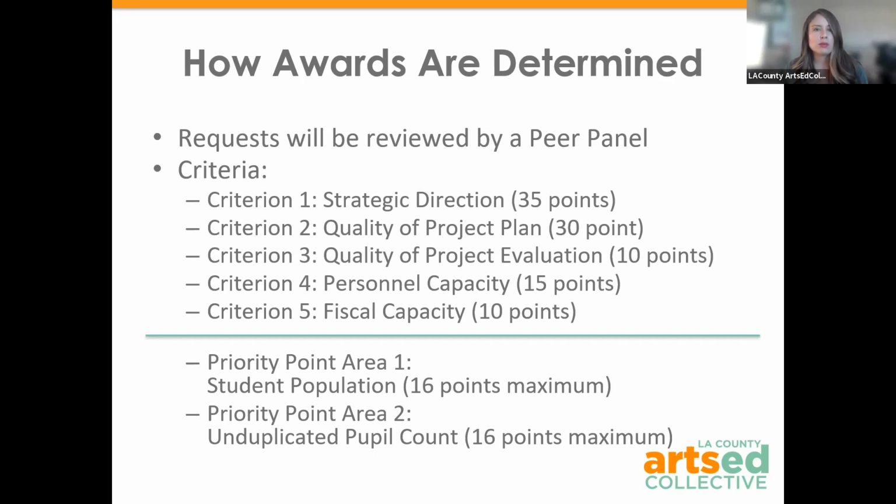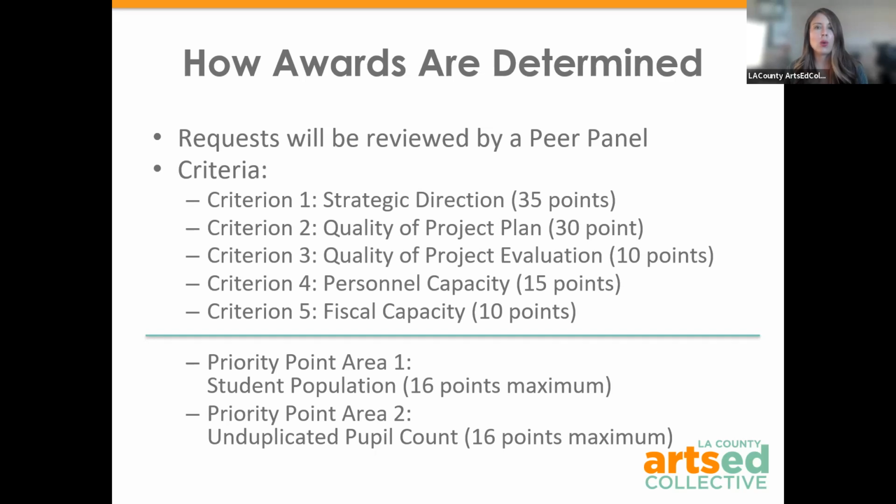Priority Area 2 is unduplicated pupil count, which includes students eligible for free and reduced price meals, foster youth, and English language students. Tier 1 eligibility includes districts with a student population between 71 and 85.9% unduplicated pupil count.